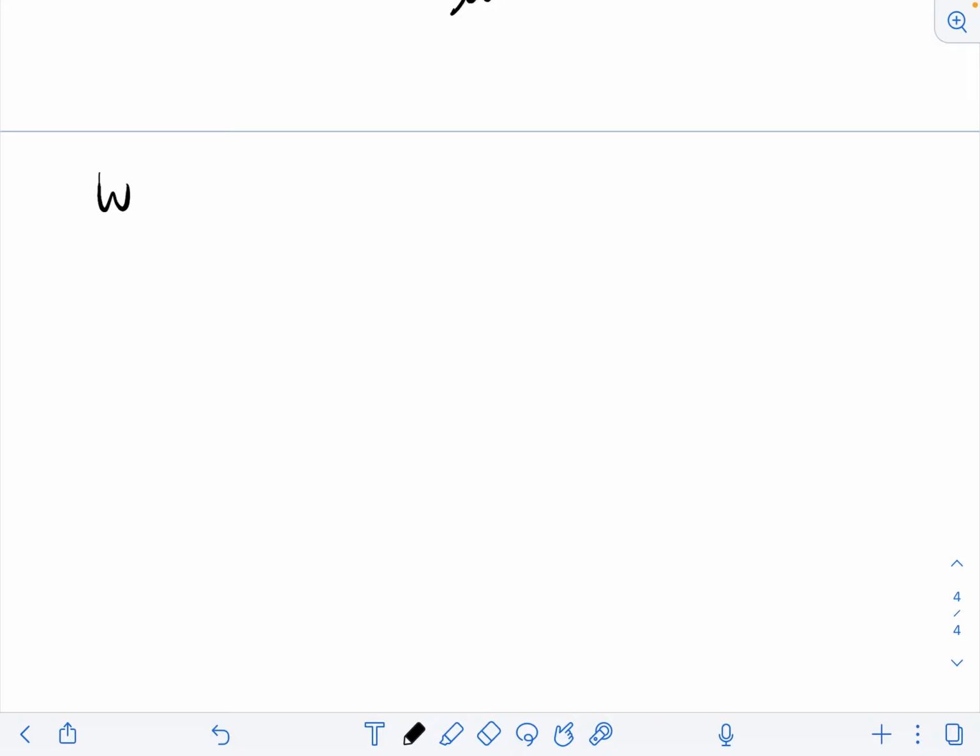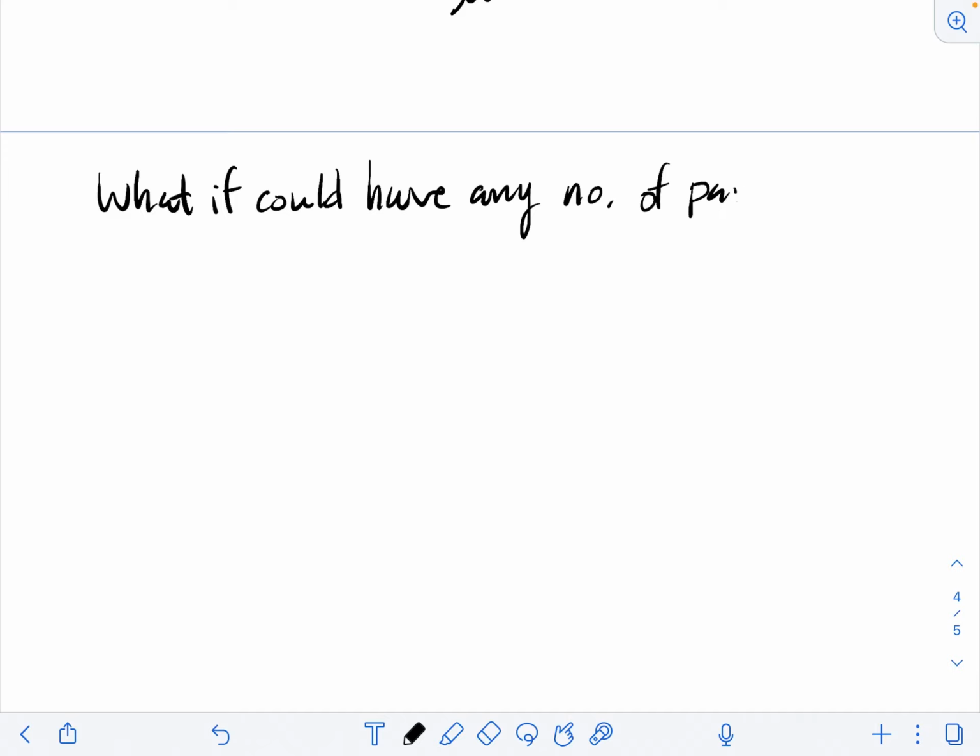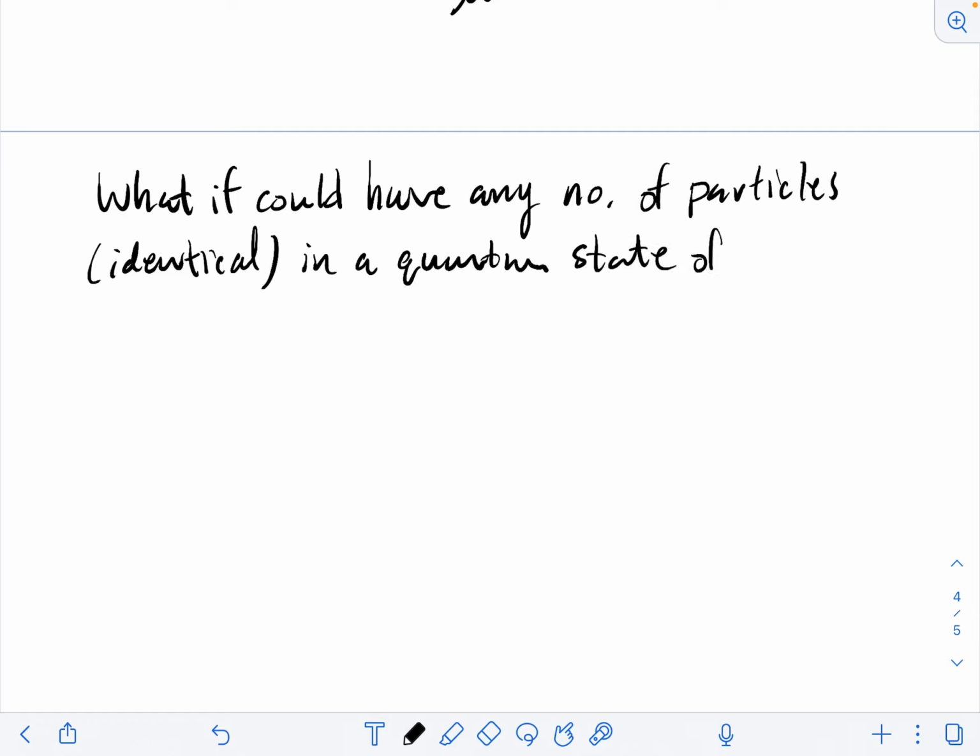And so we ask the question, what if we could have any number of identical particles in a quantum state of energy epsilon?